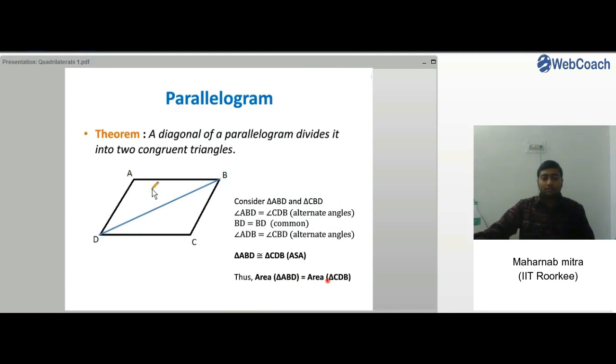This area must be equal to this area, right? The areas of both the triangles must be equal. So you can see we have proved that the diagonal divides a parallelogram into two congruent triangles, and also we have found that these two triangles have equal areas, right? And this is just a kind of CPCT rule, right? We are getting it directly from the congruency rule.